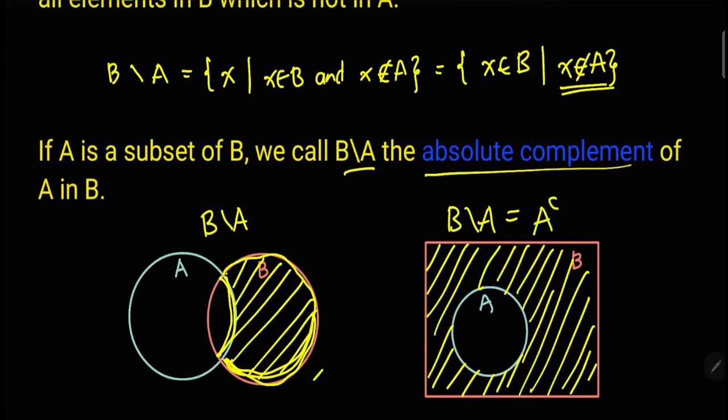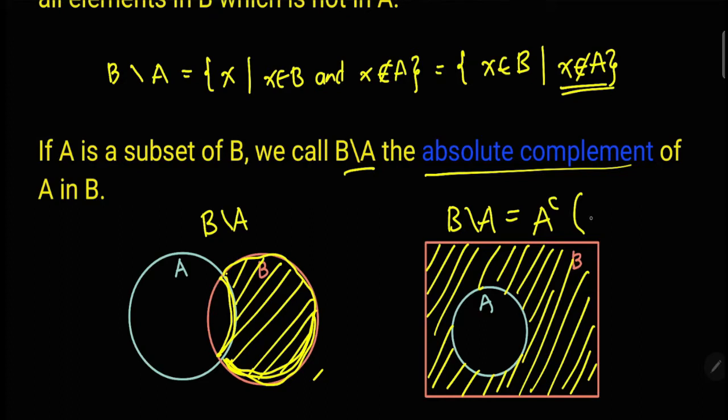Or in some literature, they use prime, but here we will not use prime since prime in other language means derivative. So instead, we'll just use A complement or A to the C. Again, we are always taking the complement with respect to a bigger set.